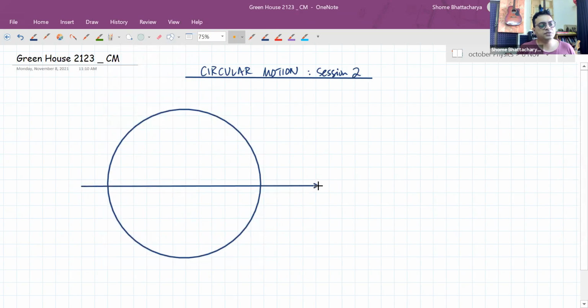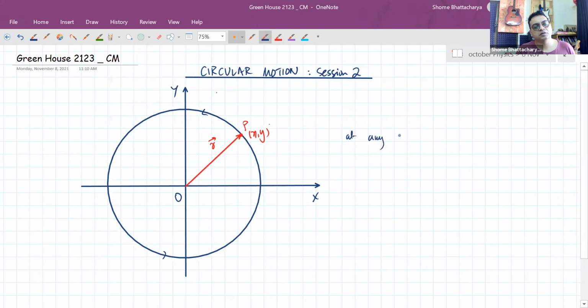That fixed point is called the center of the circle, and the path described by such a motion is called a circular path, where if at any instant a particle is present at this point, then its coordinates are such that the position vector with respect to the center has a fixed magnitude.